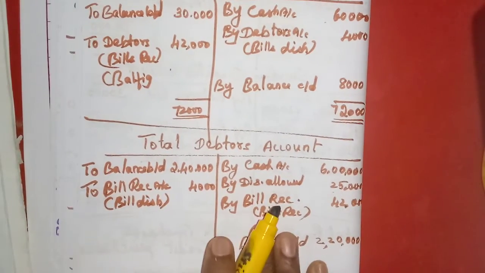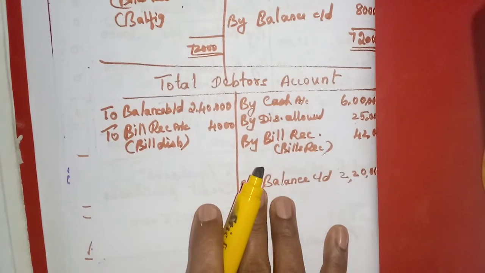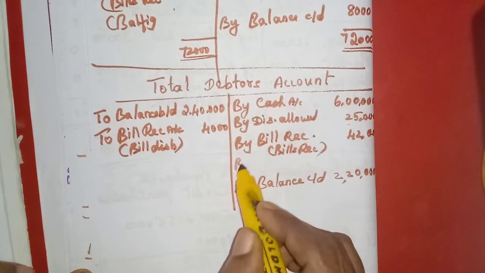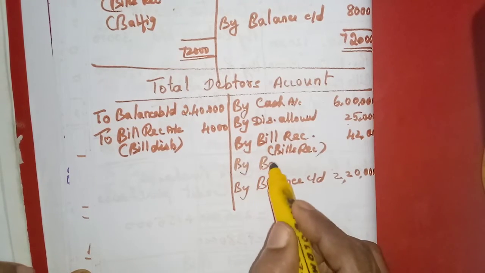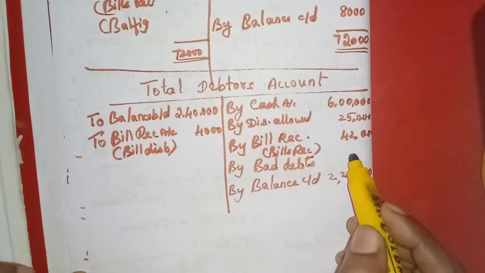Again, bills receivable dishonored we have written from the question. The next item is bad debts, that also will be coming here. By bad debts 16,000.